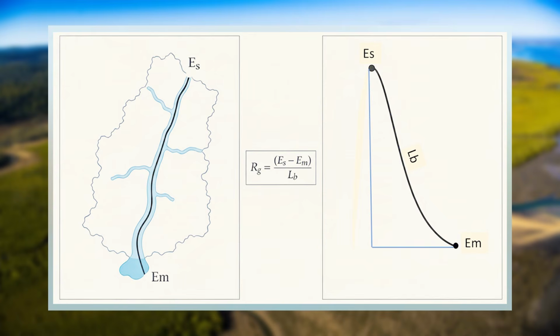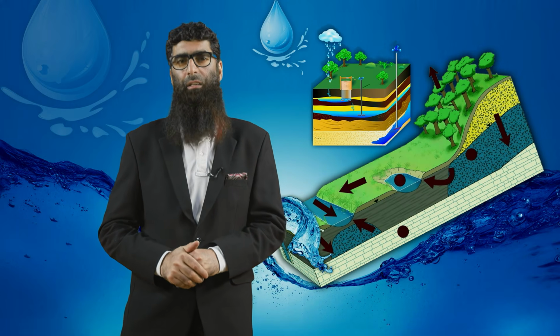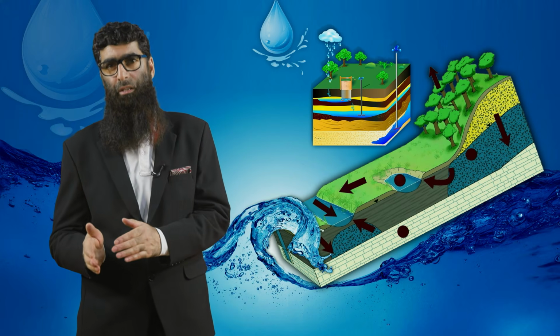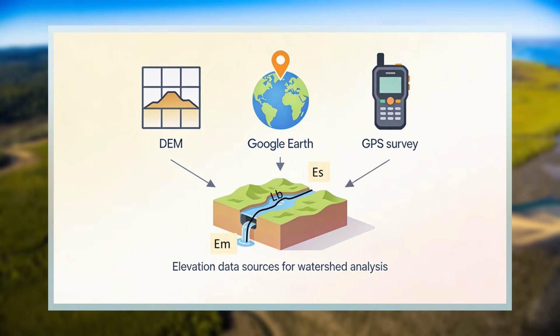ES is the elevation at the source and EM is the elevation at the mouth of the trunk stream. If the RG values are higher, they represent greater channel slope with steep V-shaped valleys. The elevation data can be obtained from DEM, Google Earth, or through a GPS survey of the watershed.